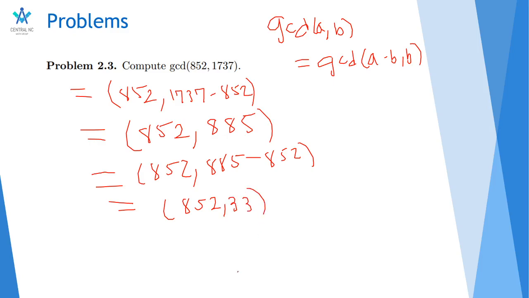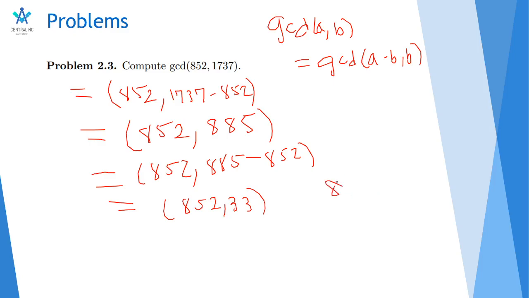Now, you can perform this faster, the subtraction, by, if it requires more than one multiple, just multiplying. So like, 33 will go into 852 multiple times.